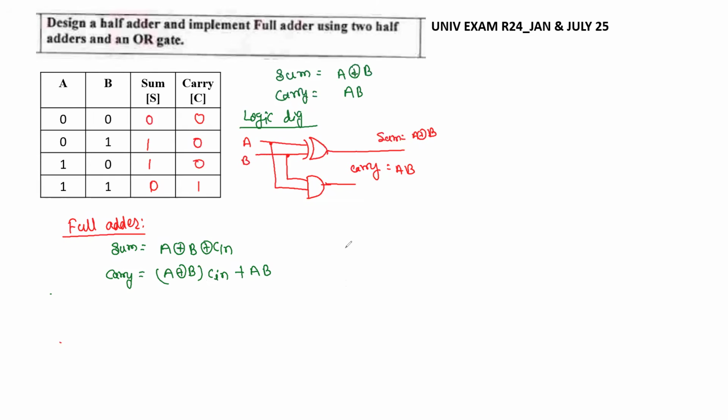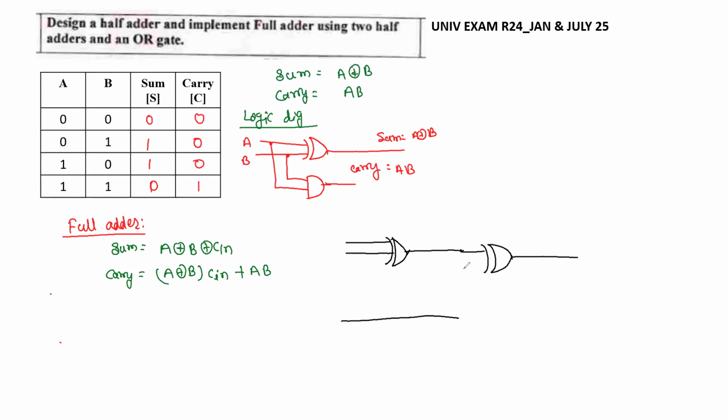Again, here you need to draw a half adder. First we represent A XOR B. Then another XOR gate is required here, which is with C in. Finally, your diagram is going to be like this.